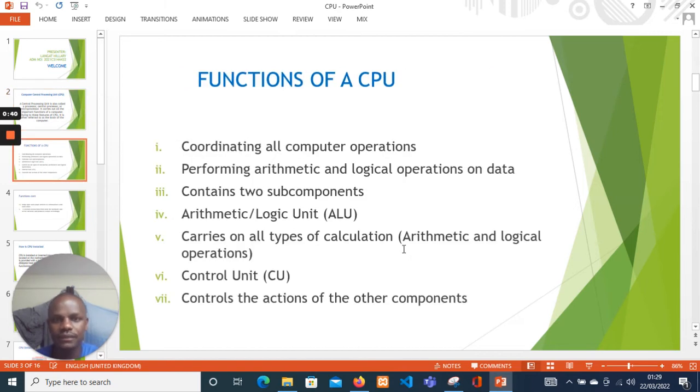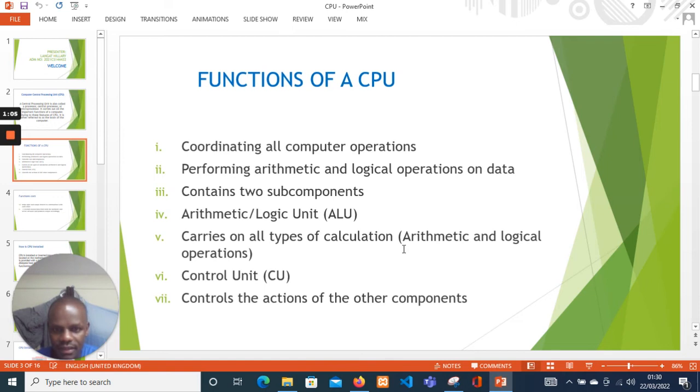So we have various functions of the CPU. The first one is to coordinate all the computer operations. The second is to perform arithmetic and logical operations on data. Also, it carries out all types of calculation. We have the arithmetic and logical operations.